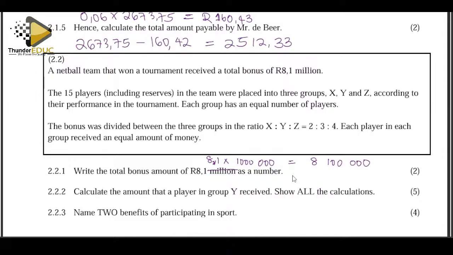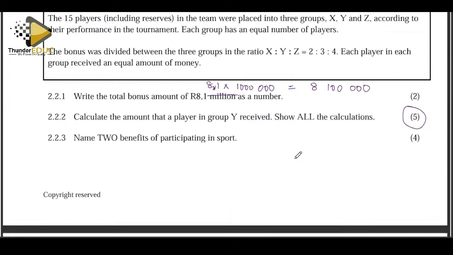Then continuing, 2.2.2: calculate the amount that a player in group Y received. Show all your calculation. Here we shall call on the ratios. They have told us they will share equally, so you have to find out what Y will get.